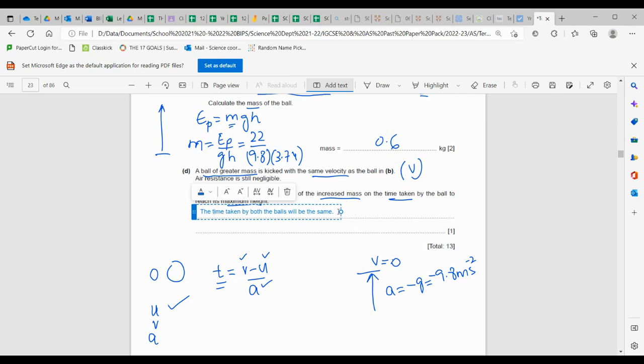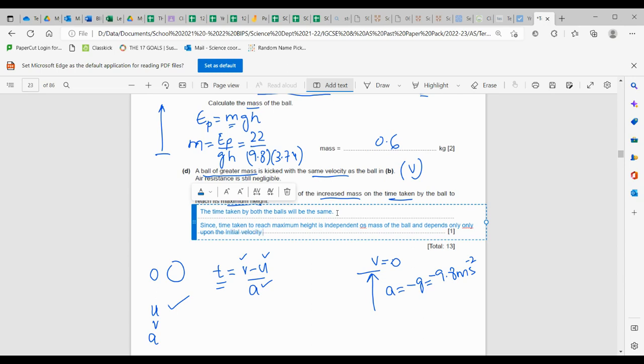Next will come the explanation, and the explanation is, since time taken to reach maximum height is independent of the mass of the ball and depends only upon the initial velocity.